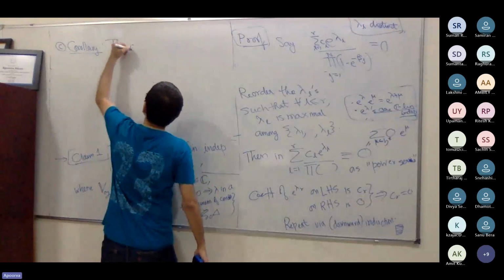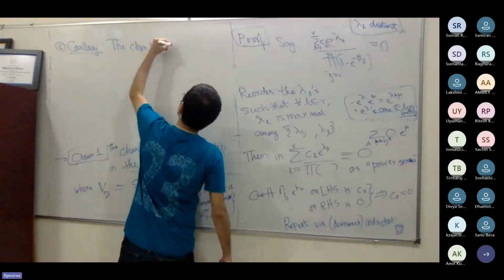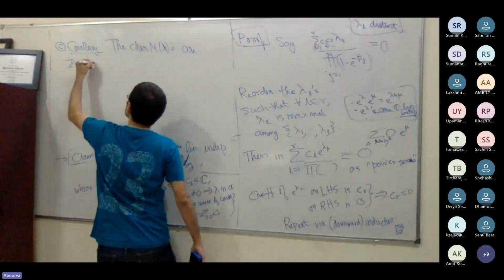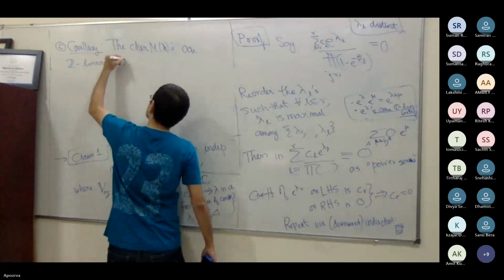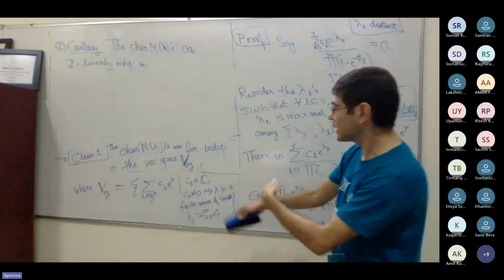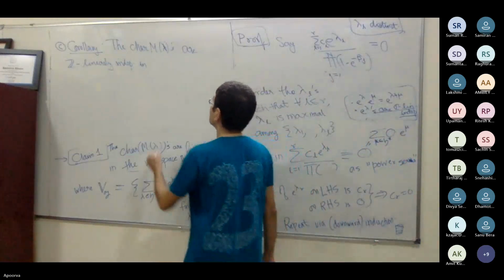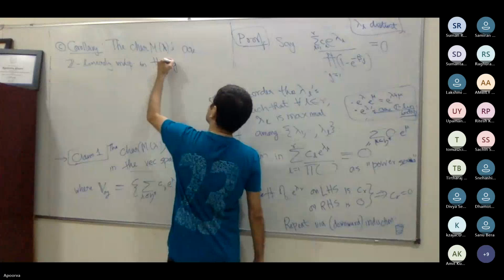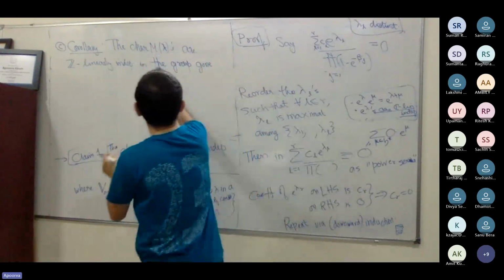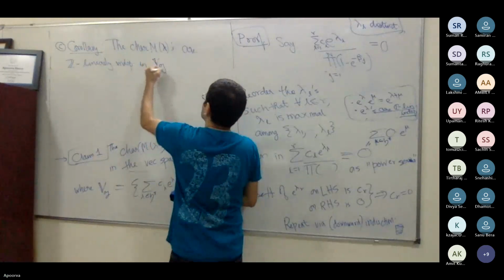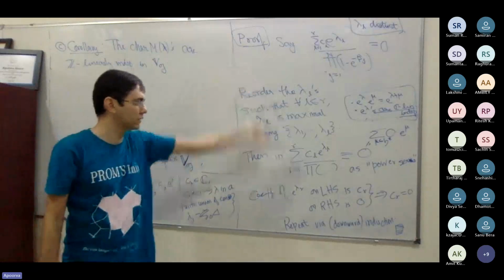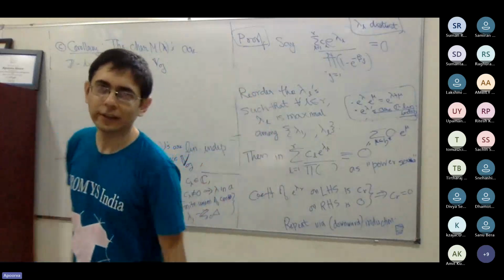The characters of the Verma modules, the ch M(lambda)'s, are Z-linearly independent, meaning with coefficients in Z. In what space? I'll just say in the power series ring for now. Even if the coefficients are not complex but come from integers, obviously this calculation doesn't change, so it's still linearly independent.